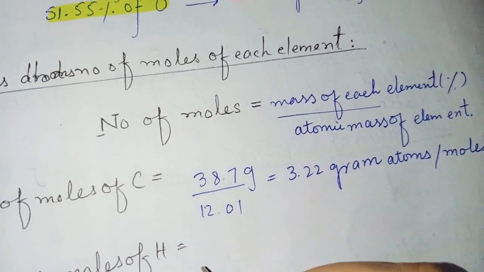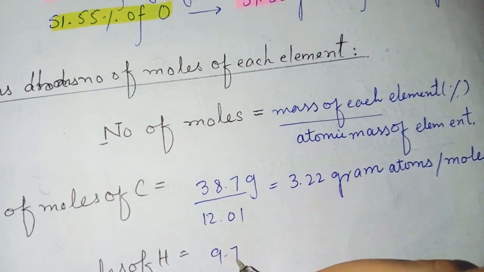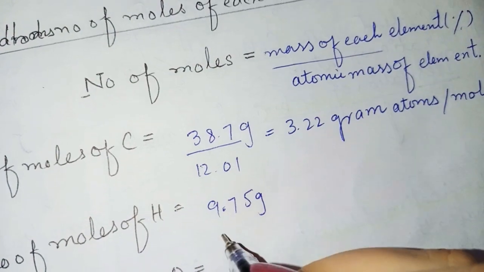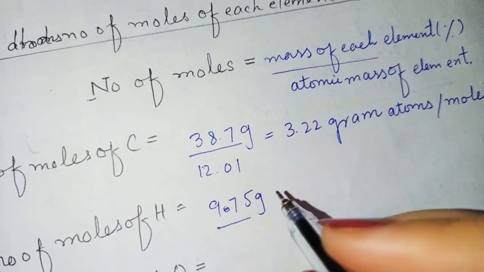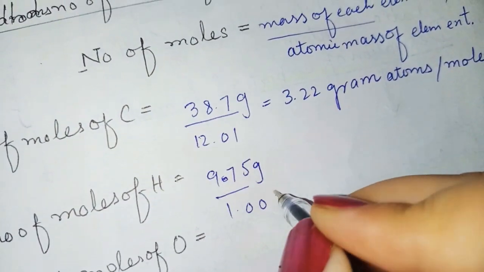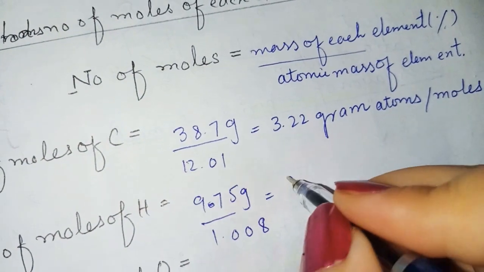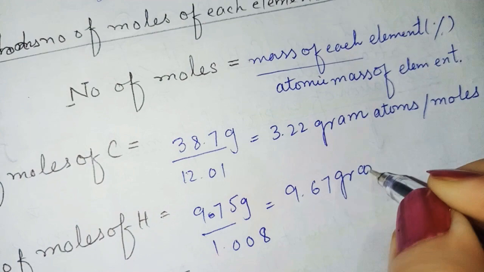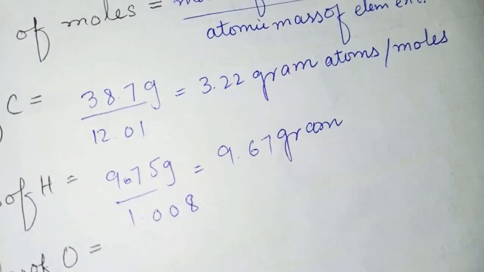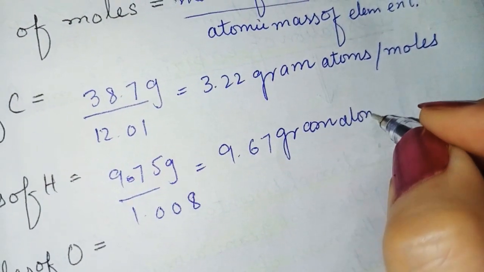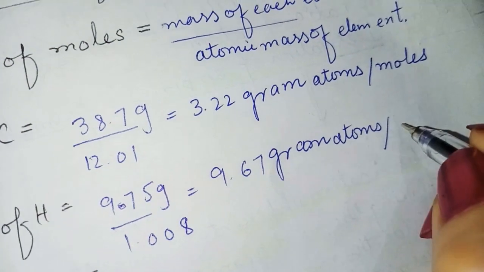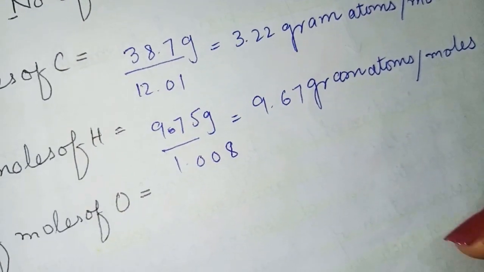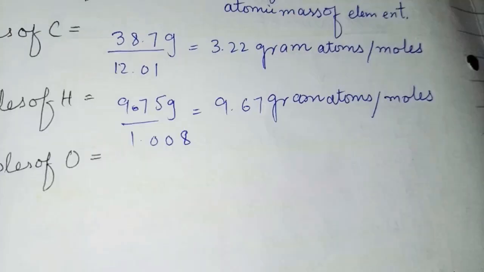And secondly, we have 9.75 grams of hydrogen, divided by its atomic mass, that is 1.008, and it will give you 9.67 gram atoms, or the number of moles of hydrogen. Thirdly, we have the number of moles of oxygen.